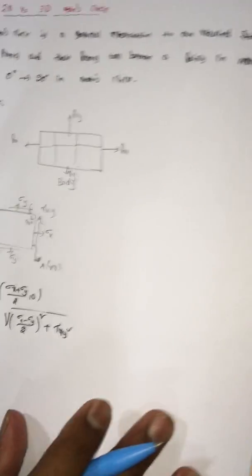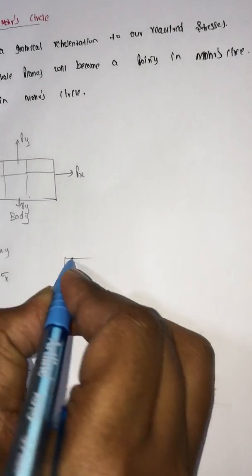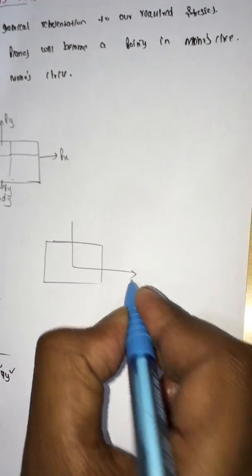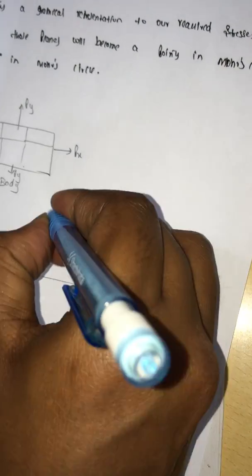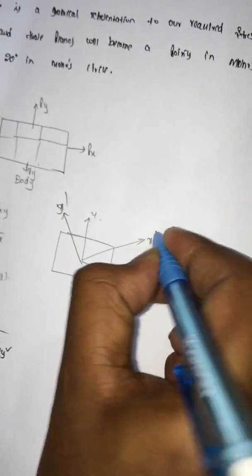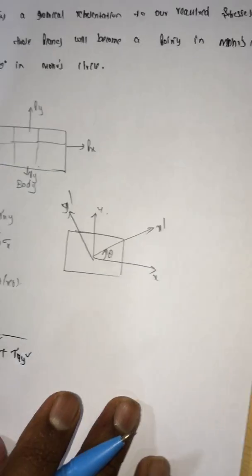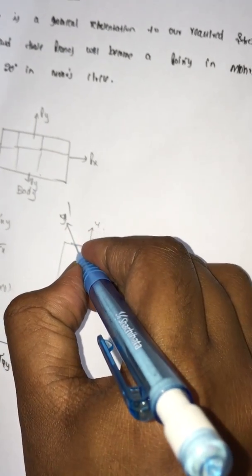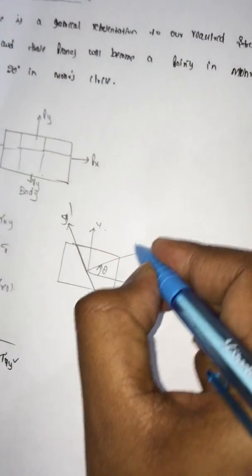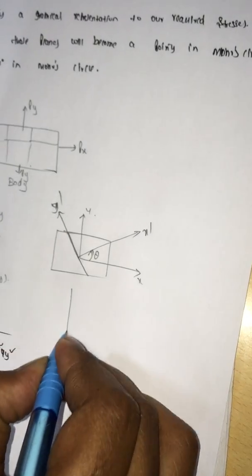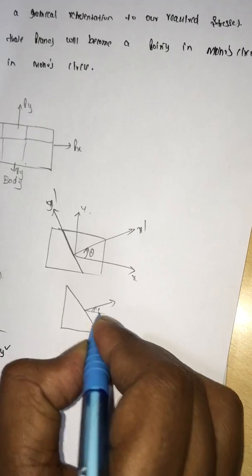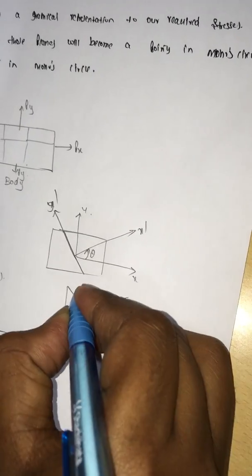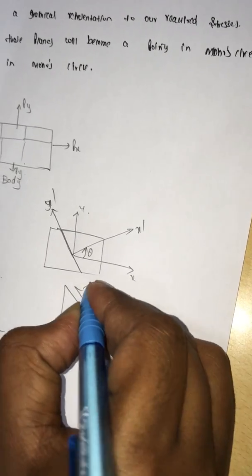Then as this is my element, having x and y axes, if I rotate this element by theta degrees, this is y dash and this is x dash. Now on this oblique plane you are having a normal stress and a shear stress, tau.